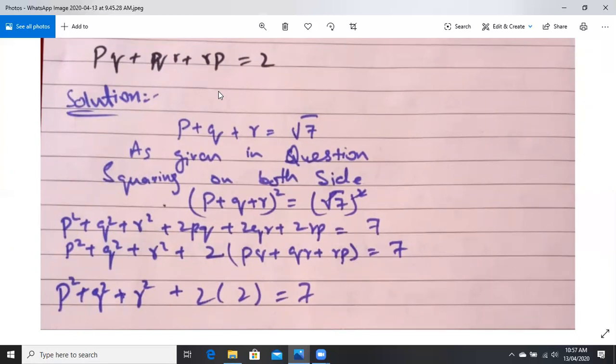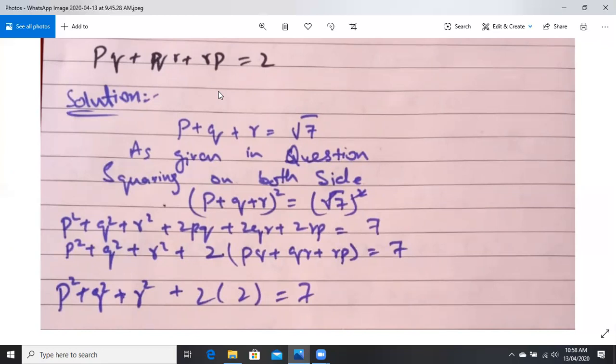So we will expand it: p plus q plus r whole square, and on the right side the square root of 7 whole square. So the square will cancel the root, and p plus q plus r whole square will expand like p square plus q square plus r square plus 2pq plus 2qr plus 2rp equals 7.